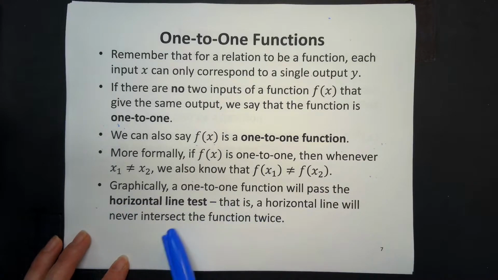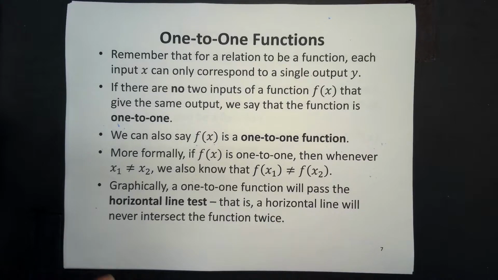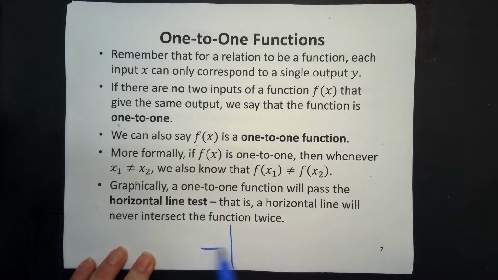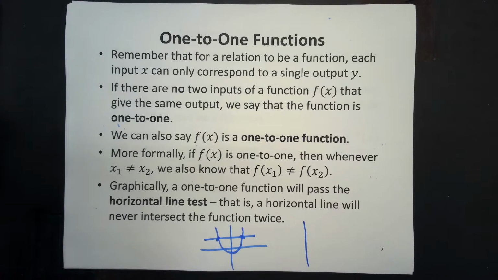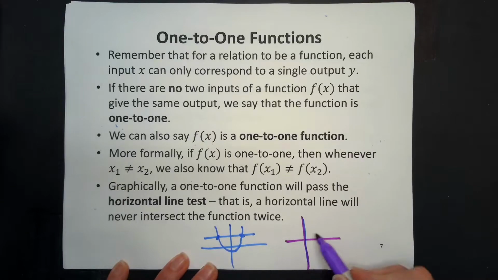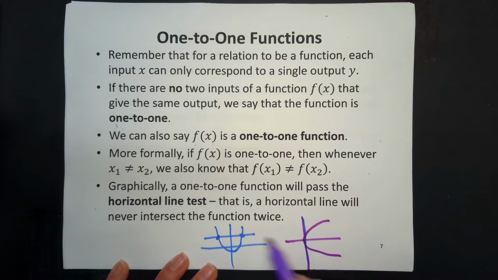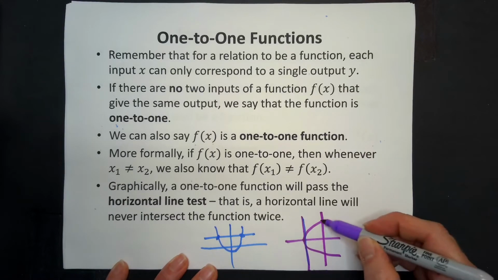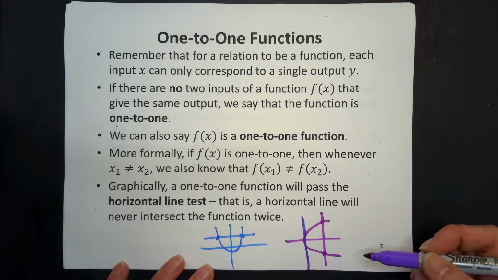Graphically, a one-to-one function will pass the horizontal line test. That is, the horizontal line will never intersect the function twice or more than once. You can say it either way. The reason is that if we have a parabola here, it fails the horizontal line test, because if we look at its inverse, like we graphed a little while ago, that horizontal line becomes a vertical line and it will fail the vertical line test.